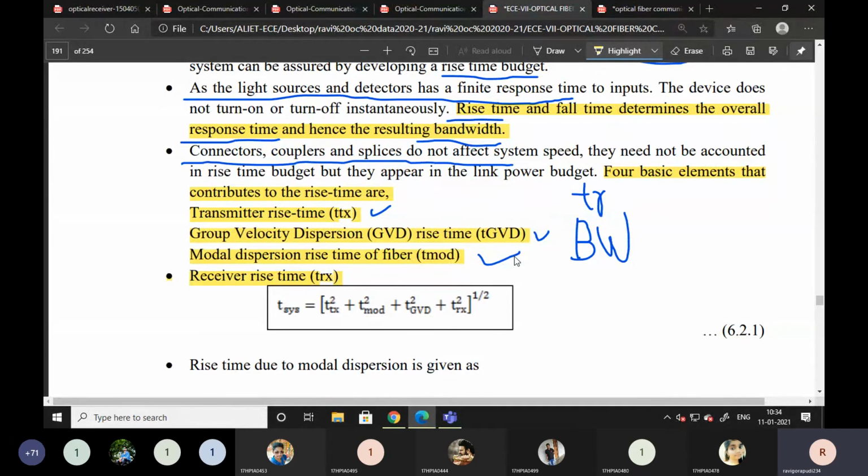Here the basic elements are: one is the transmitter rise time, T suffix TX, where TX is the transmitter and T is the time.